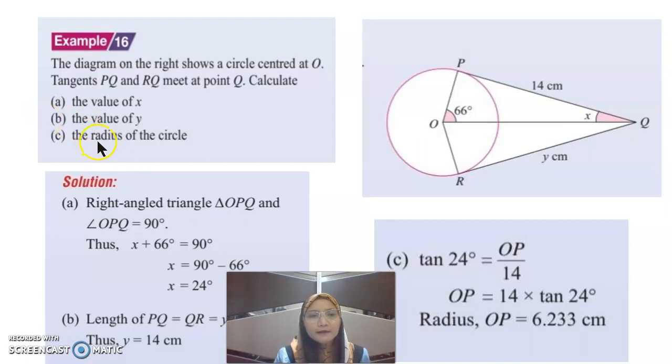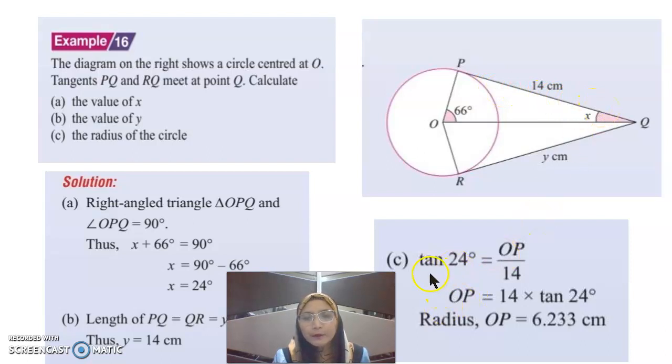Now, let's find the radius of the circle. You may use the formula of tangent: tan X is equal to opposite over adjacent. The opposite of angle X is the radius, whereas the adjacent of X is 14.